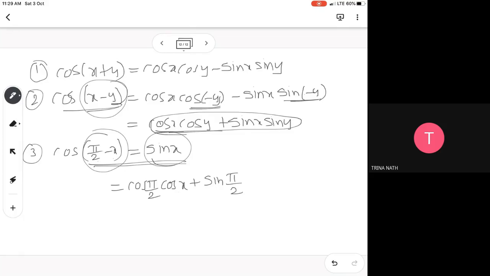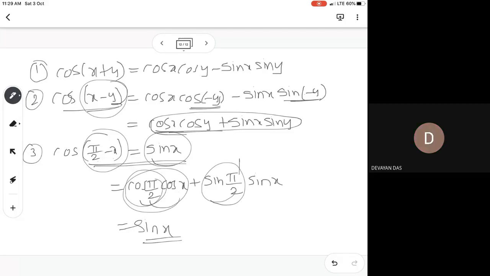Compare both. So cos pi by 2 value is 0, so that whole term becomes 0. Sin pi by 2 value is 1, so 1 into sin x. So the answer is sin x. So cos pi by 2 minus x is equals to sin x. Okay, did you understand? Yes, sir.